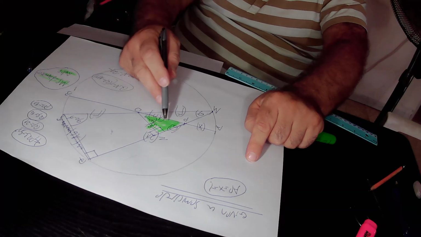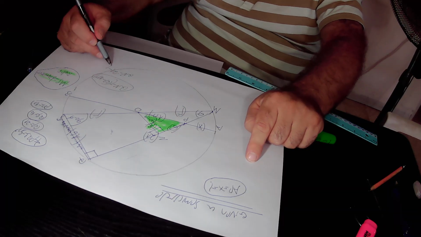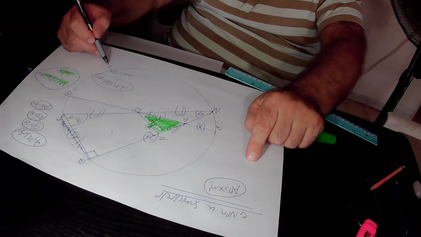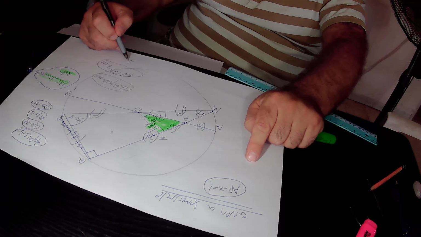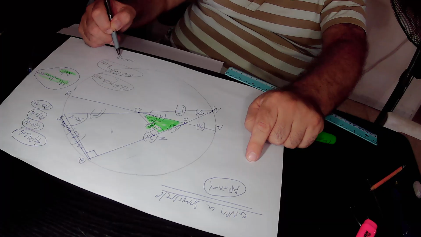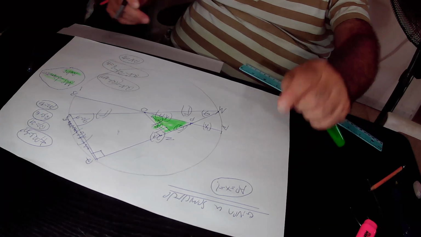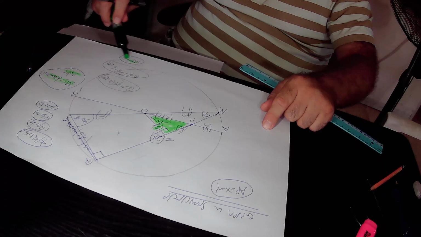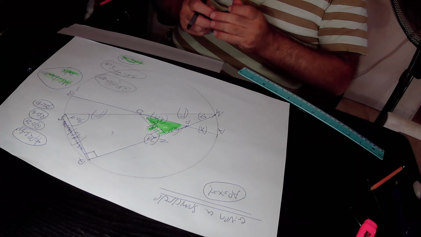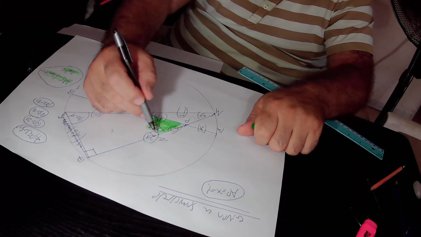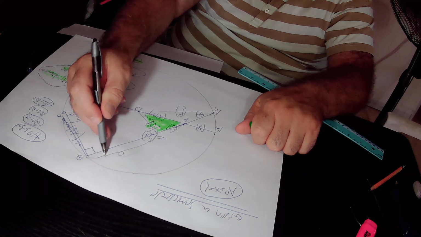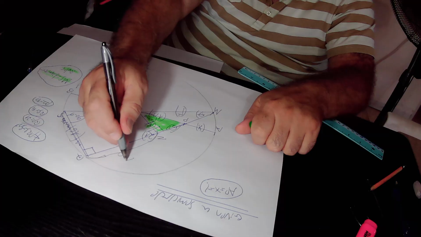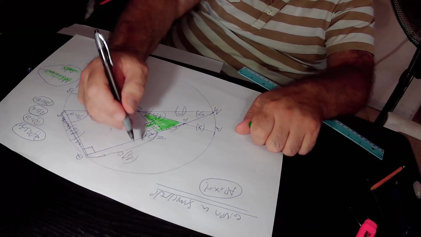We just found out that NP equals 6. So in total QN equals 21 minus 6, that is 15. QN equals 15 units in its length. So this is the missing side QN, that is equal to 15 units in its length.